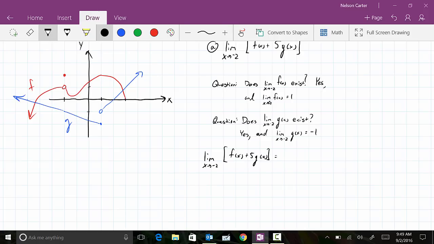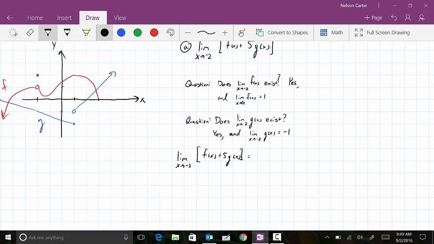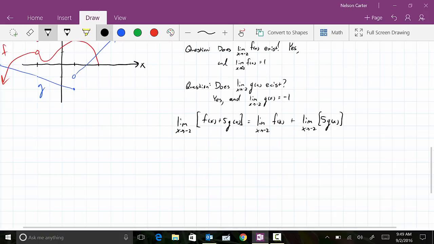Since both of these limits exist individually, the sum law says that we can take the limit of each part, and then whatever those limits are, we'll just compute that.